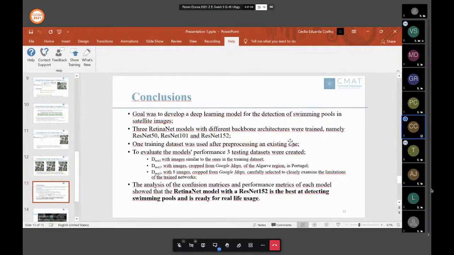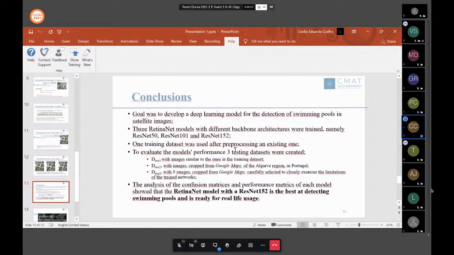To conclude, the goal was to develop a deep learning model for the detection of swimming pools in satellite images. To do that, 3 RetinaNet models with different backbone architectures were trained, namely ResNet 50, ResNet 101, and ResNet 152, ResNet 152 being the deepest and ResNet 50 the shallowest.